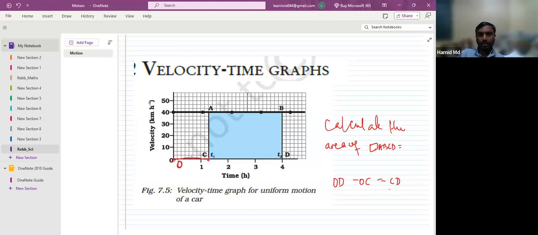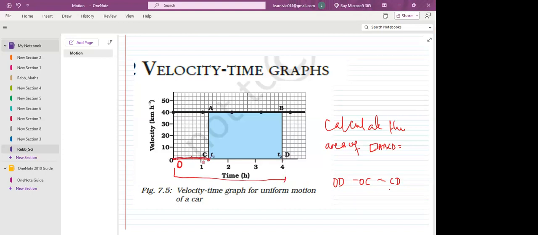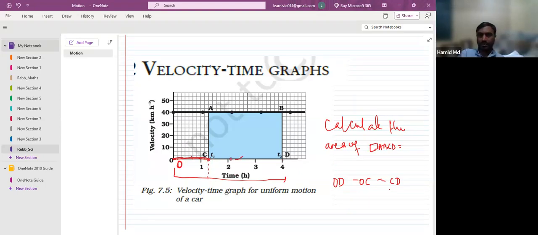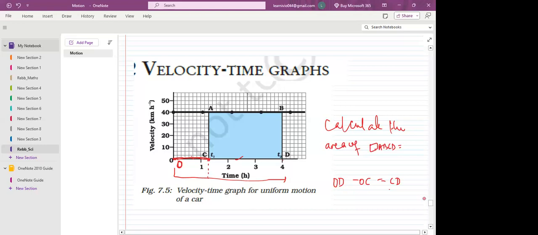Yes, distance is being calculated from the origin. So this is OC, this is OD. If we want to calculate CD, what will we do? From this length, we subtract this length, right? If we subtract this length, we will get this length, right? Yes.